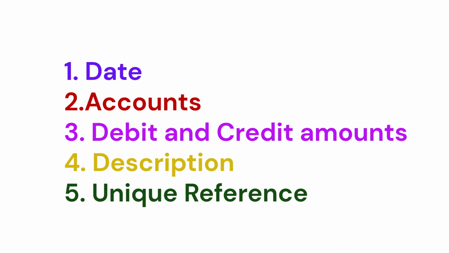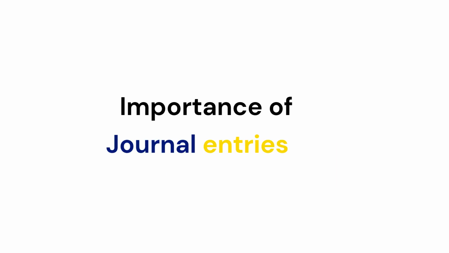In double entry bookkeeping, the total debits must always equal the total credits. Description: a brief description of the transaction for clarity and future reference. And finally, a unique reference: a reference number or ID for tracking purposes.